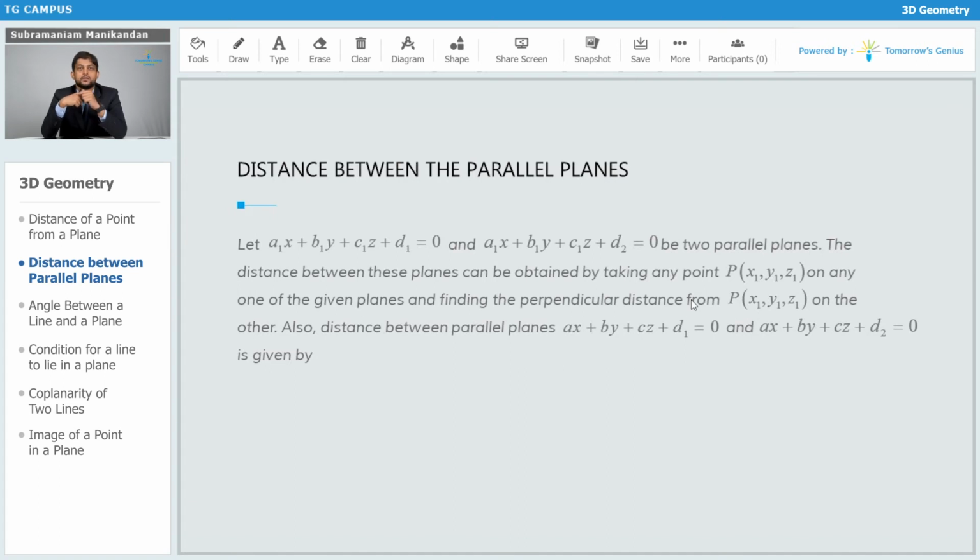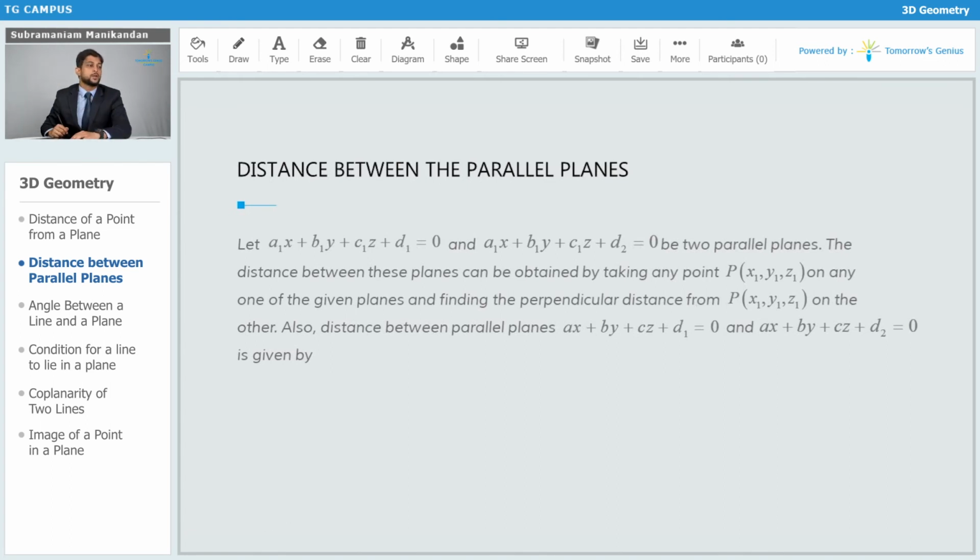then we will get a1 x1 plus b1 y1 plus c1 z1 plus d1 is equal to 0, and then substituting that in the second equation we will get the distance between those two points, and thus giving the distance between the two planes as d1 minus d2 by square root of a1 square plus b1 square plus c1 square.